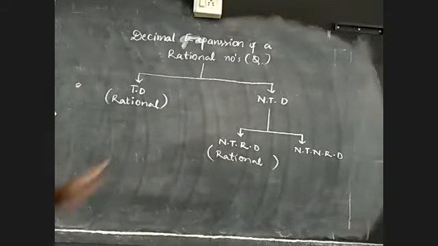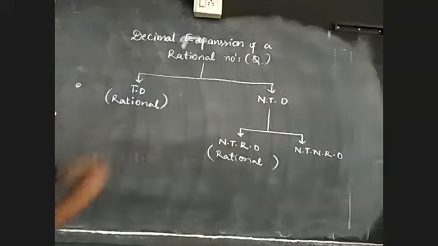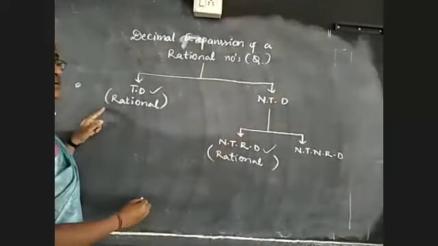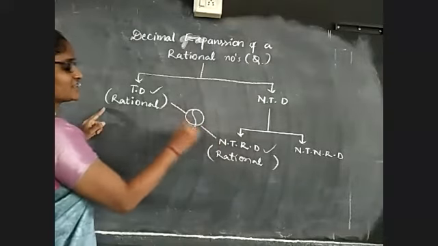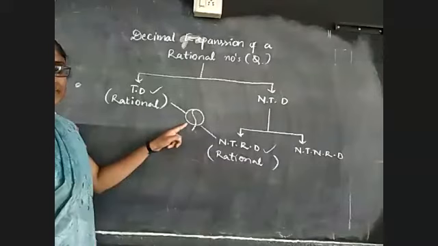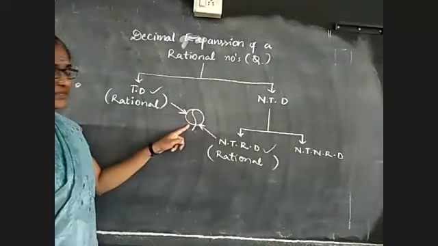Other than that, we can define rational numbers as all terminating decimals and all non-terminating repeating decimals. To represent rational numbers, we need to use capital Q.